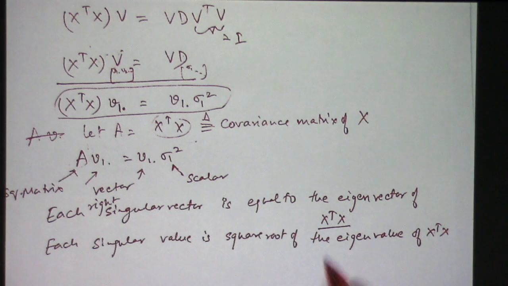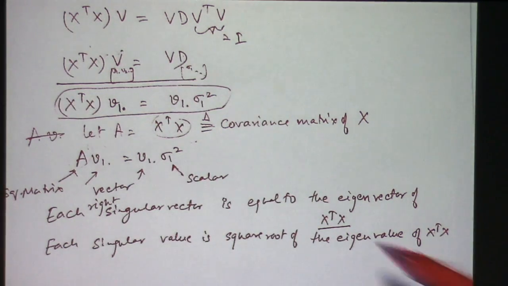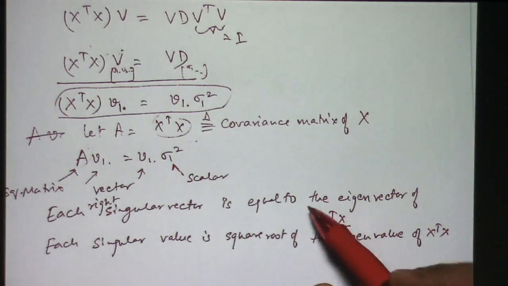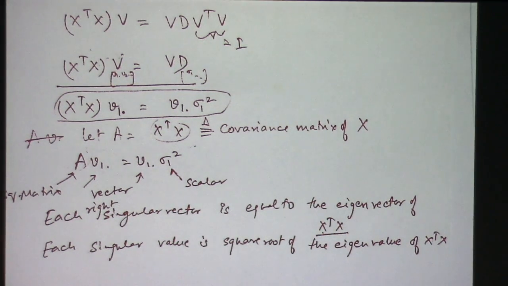But instead of that, you could do SVD of X and just take the right singular vectors, and take the square of the singular values, and that will give you the whole PCA essentially. You also will have to account for the size of the data, because this is not exactly the covariance matrix. The covariance matrix is 1 over n minus 1, but that's easy, right? So this is the relationship.